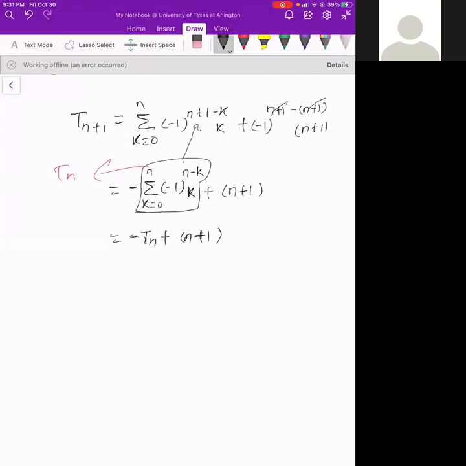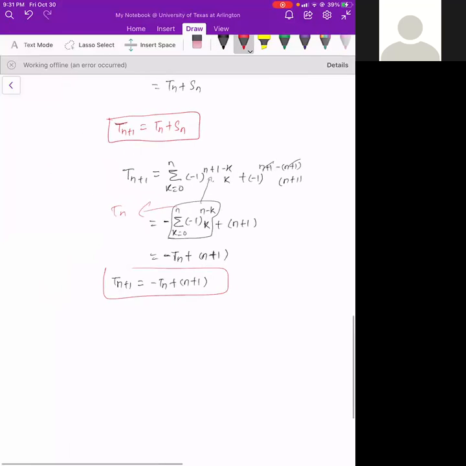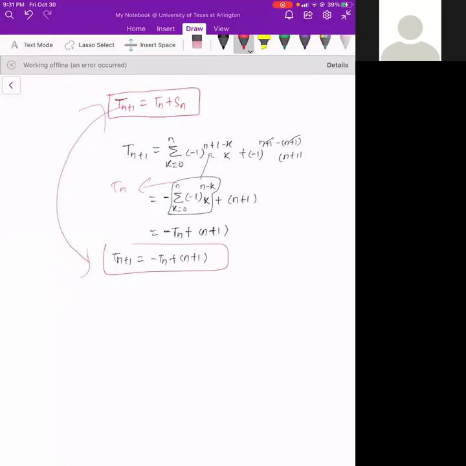So what we got for Tn plus 1 after splitting it from the last term is minus Tn plus n plus 1. I'm going to compare this and this together, and try to evaluate an expression for Tn. That will simply be Tn plus Sn equals negative Tn plus n plus 1.